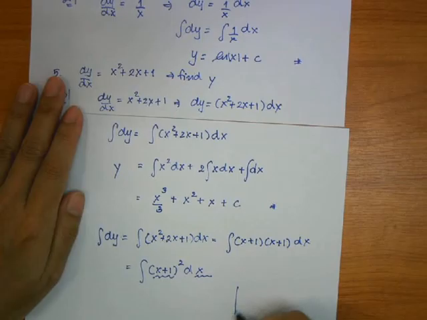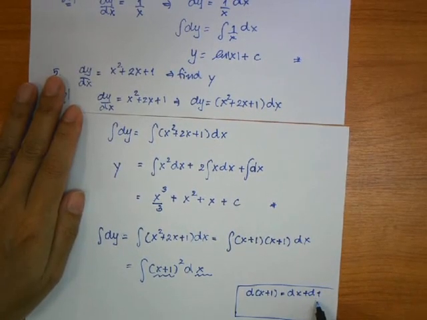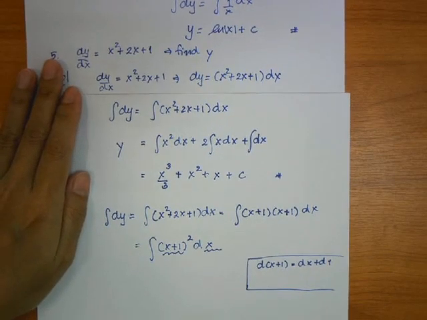So you know that d(x plus 1) equal to dx plus d1. d1, the differential of the constant, is equal to zero, right?